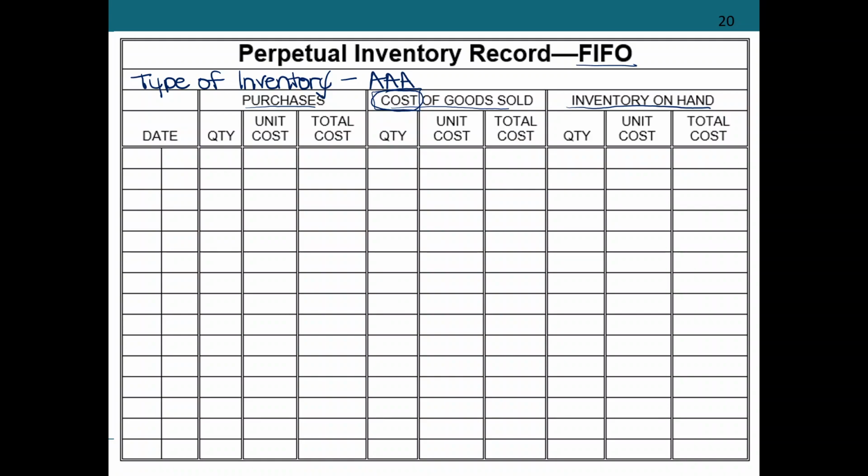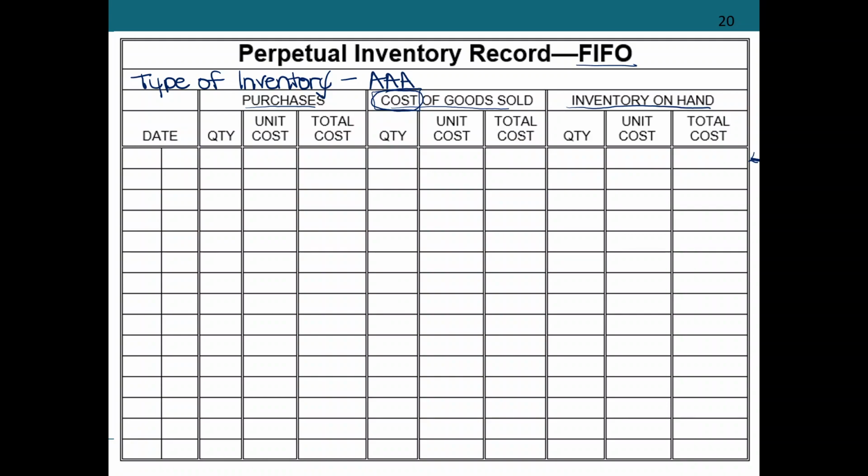And then here we don't have it, but if it gives you an opening balance, that's the first thing that you would put in. So you would put that over here in the inventory on hand. So you would, in the first line, you would say whatever the date is, and then you would start with your opening amount on your inventory in hand.